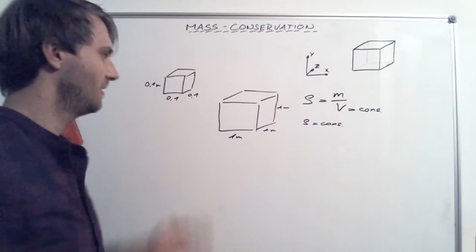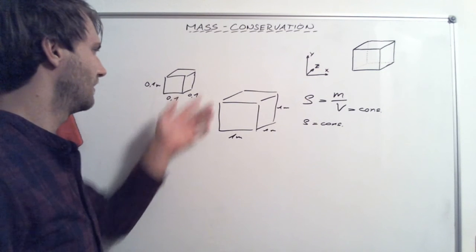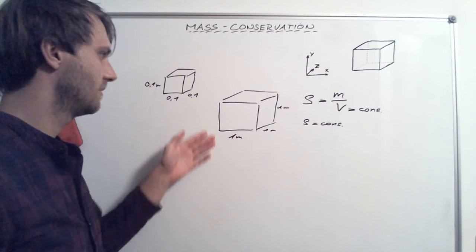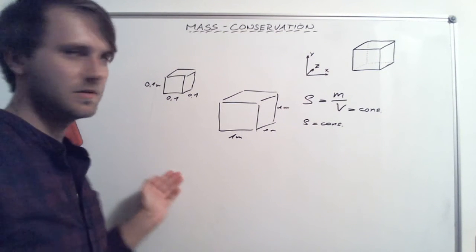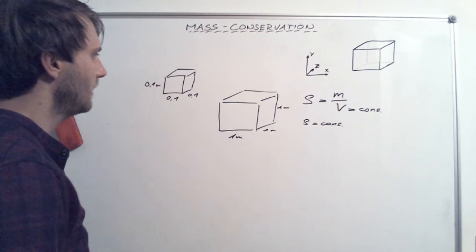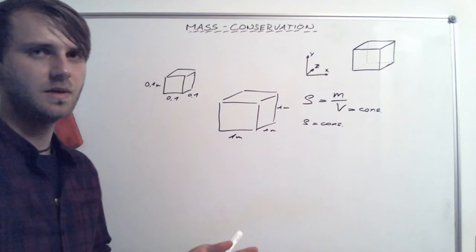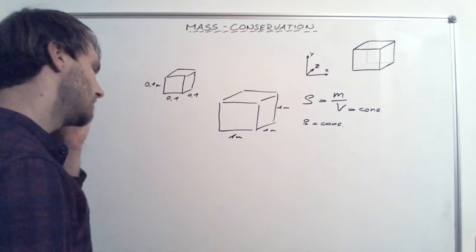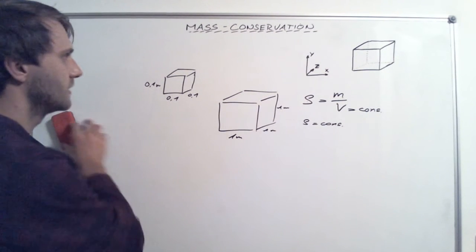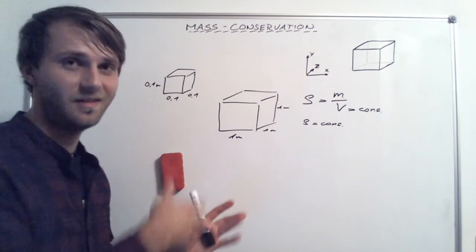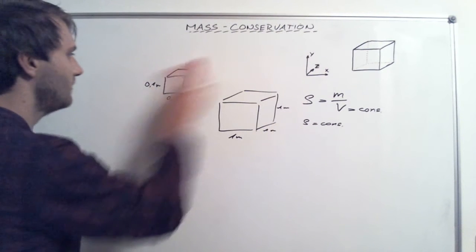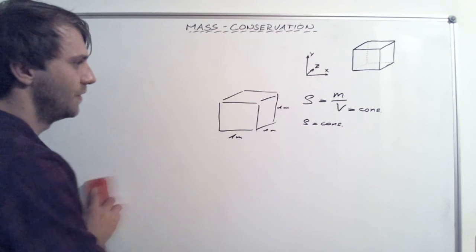What will happen? The whole volume of this will go out somewhere. So if you put it in, the same amount has to go out. This is mass conservation. Mass has to be balanced. Everything that is going in has to go out. So this would be the first thing.